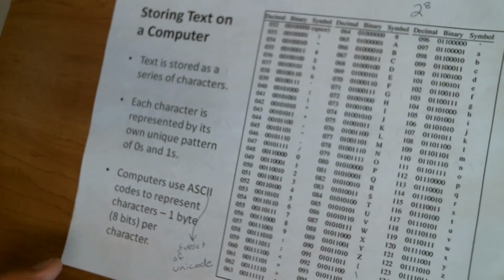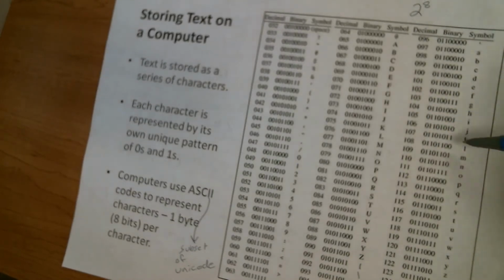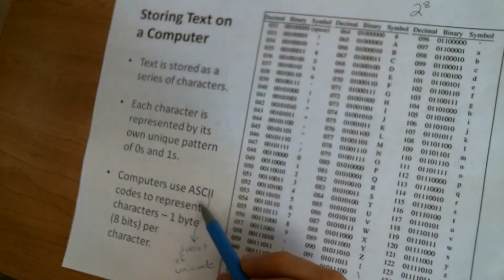So just realize that words, text, letters are stored as numbers. Those numbers correspond to whatever letter or character you're talking about. And the system that organizes that is called ASCII, which is a subset of Unicode.